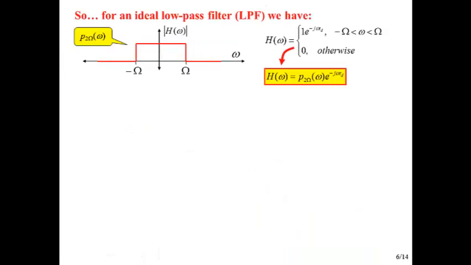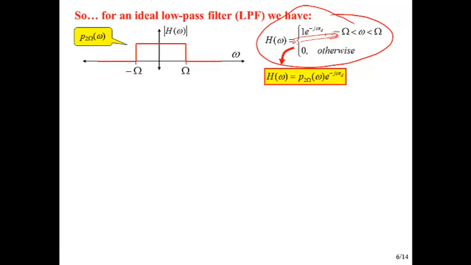So to put that together pictorially, here is now our complete specification. T sub D would be some design parameter that we would have to decide, what would be an acceptable, allowable delay. But now in our pass band, we want a magnitude of 1 and then a phase that behaves according to this.